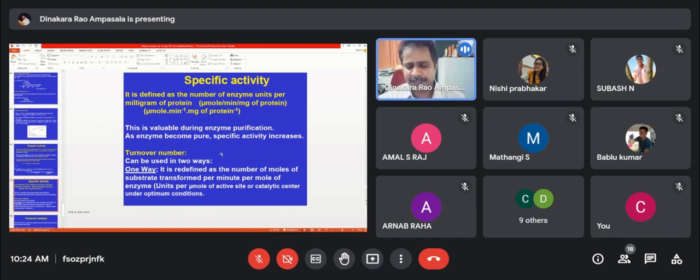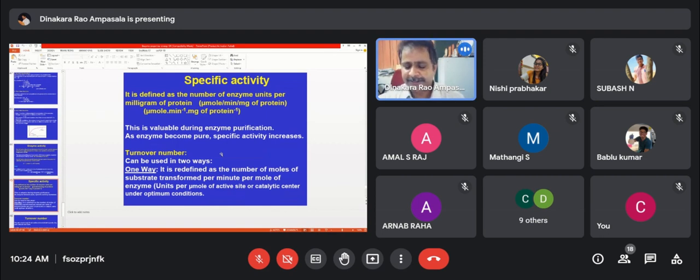When you take the crude enzyme, say 10 microliters, how much volume you take is not important. You have to calculate how much protein is in this 10 microliters. That's why specific activity is expressed per milligram of protein.